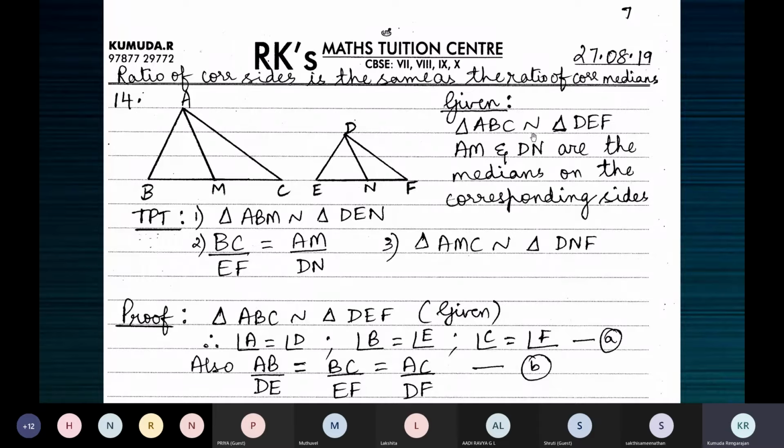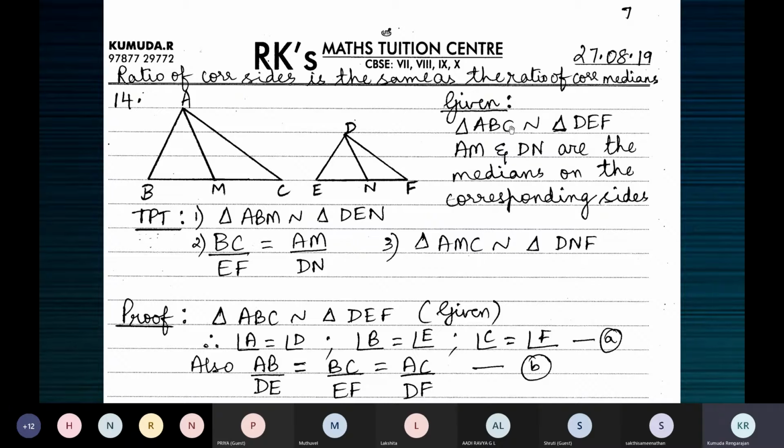Then side BC corresponds to the side EF. So the ratio will be BC by EF or CB. BC, CB represents the same side, the same line segment. So BC by EF is a ratio on the corresponding sides.